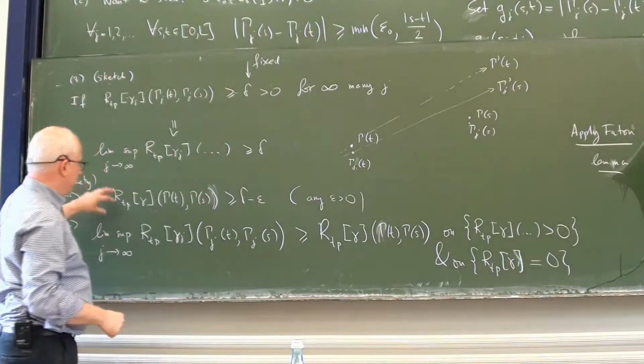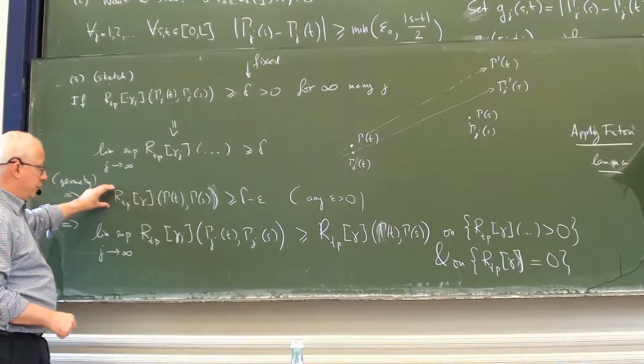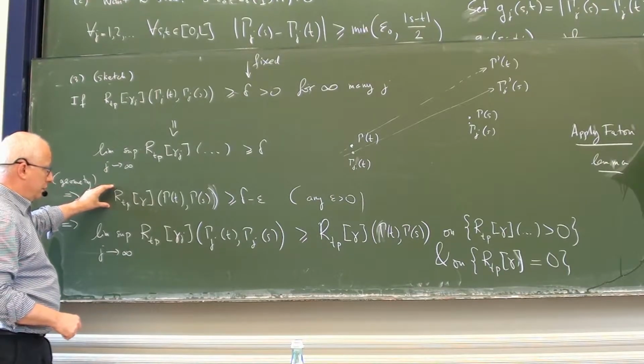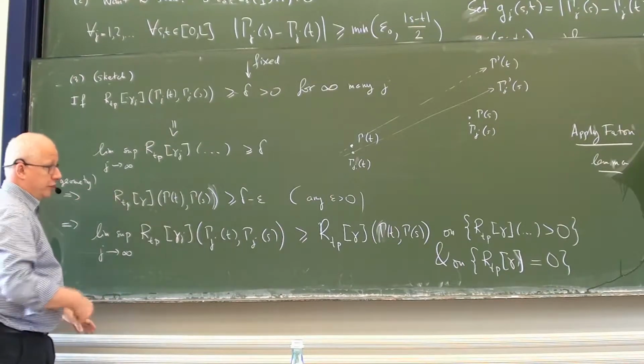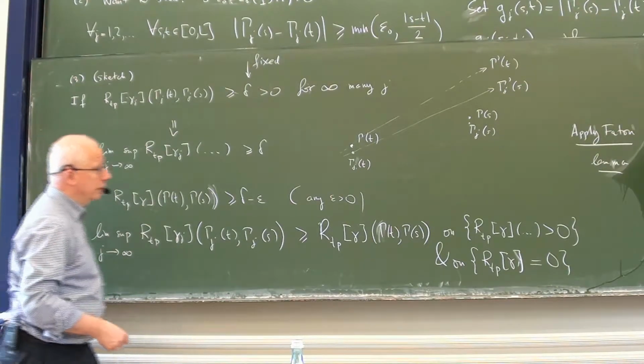And since your integrand is the power of an inverse of this, you will get the reverse inequality for the inverse, and you can apply the Fatou lemma and conclude.